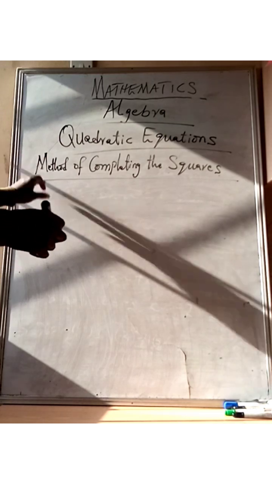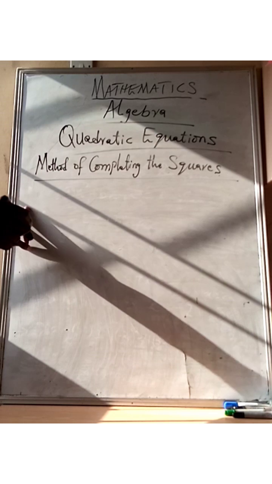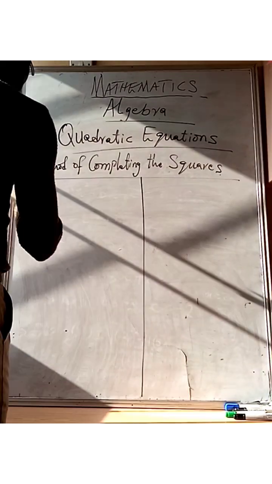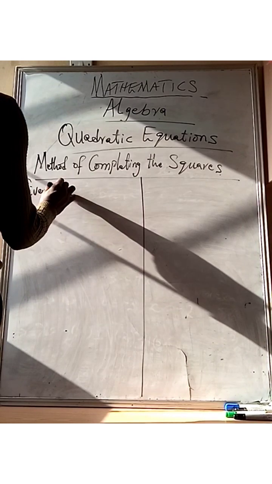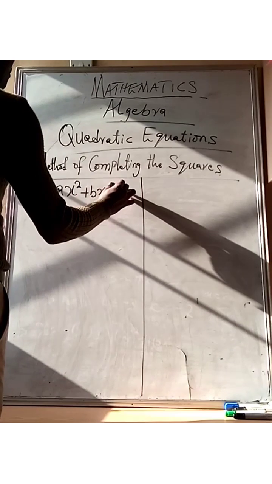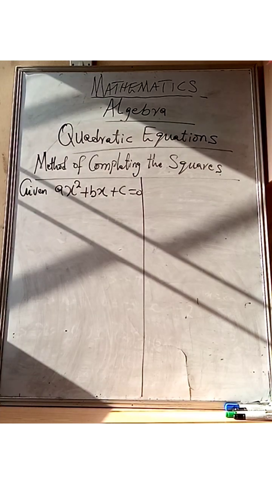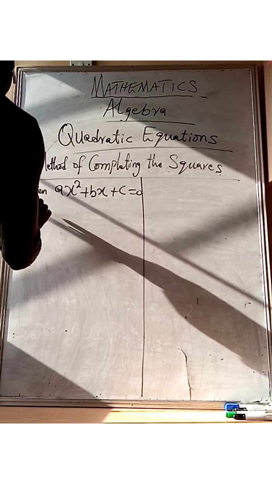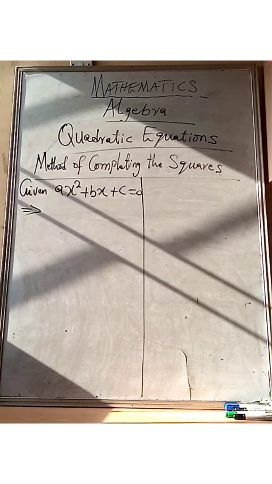So let us solve quadratic equations using the completing the square method. Given ax squared plus bx plus c equals 0, the first thing you do is to divide through by the coefficient of the square term if it is not originally 1.